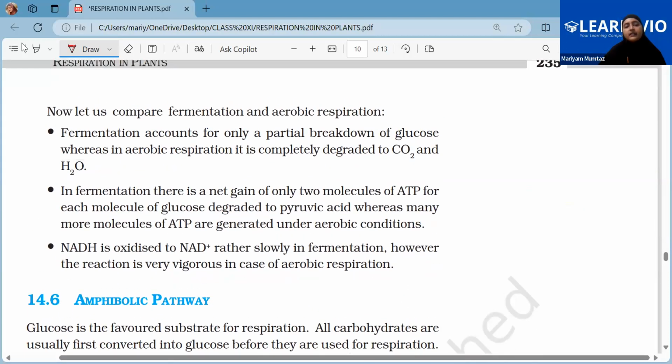Now let us compare fermentation alongside aerobic respiration. Fermentation accounts only for partial breakdown of glucose, whereas in aerobic respiration, it is completely degraded to CO2 and H2O. This is the major difference.